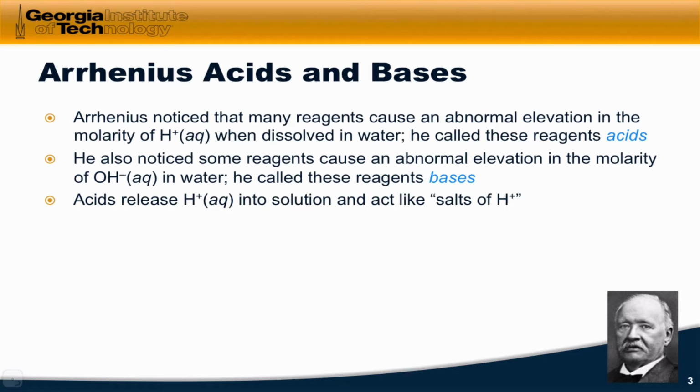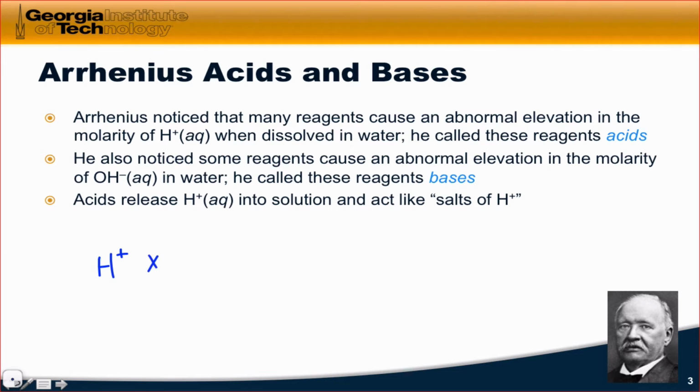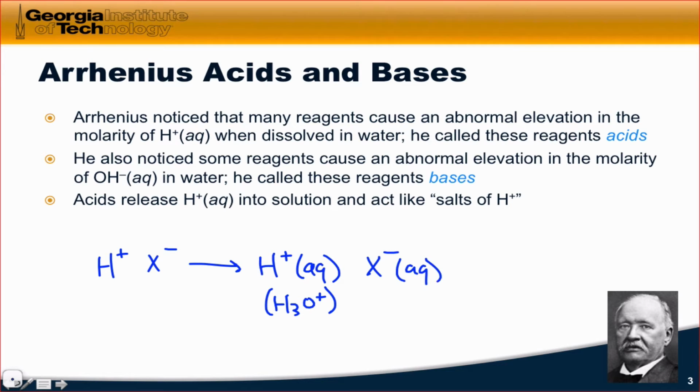In a sense, what Arrhenius noticed was that acids are sort of acting like salts of H+, like H+, X-, such that when they dissolve in solution, they separate and form the solvated proton, or H3O+, if you like, and the anion that was along for the ride, X-, also in an aqueous form. This is almost like a dissolution reaction if we think of the acid as H+ and X-.